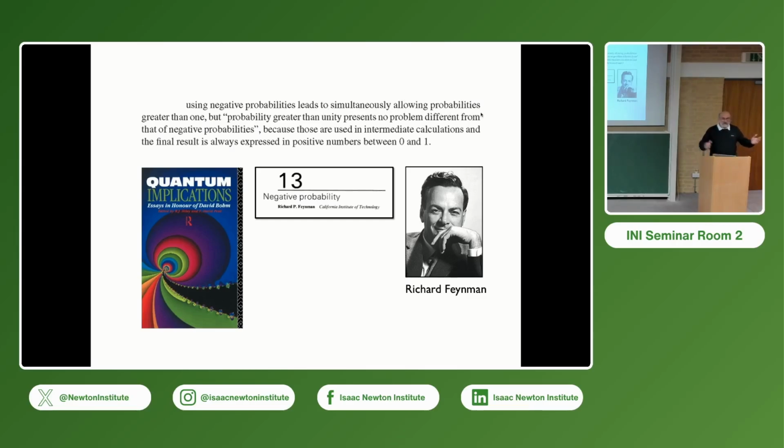Clear, because the sum of those must be equal to 1. But probability greater than unity presents no problem different from that of negative probabilities, because they are used in intermediate calculations and the final result is always expressed in positive numbers between 0 and 1.